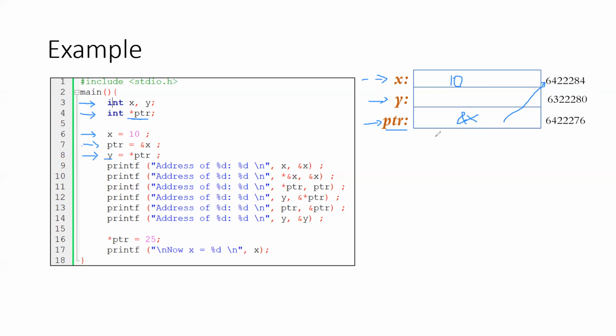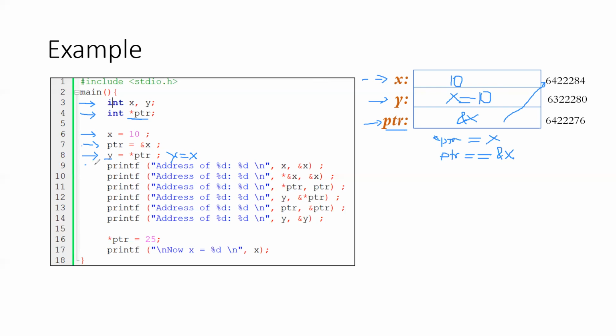So this asterisk PTR is an alias to the variable x, since PTR is equivalent to the address of x. Since asterisk PTR is an alias of x, y will be equal to x, which has a value of 10.